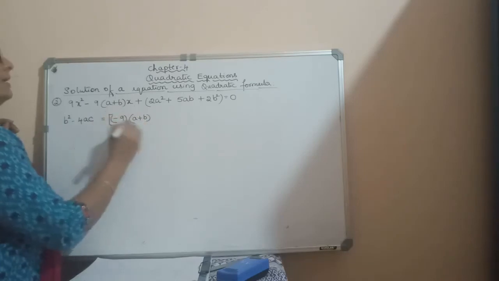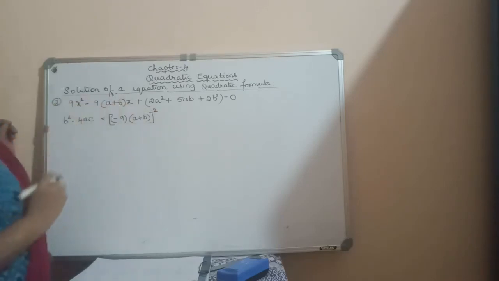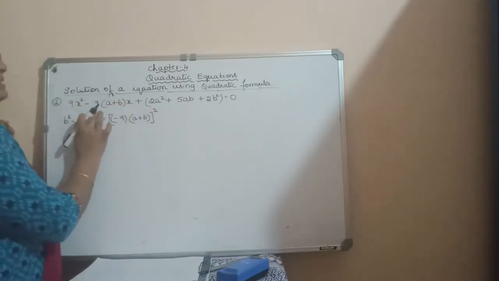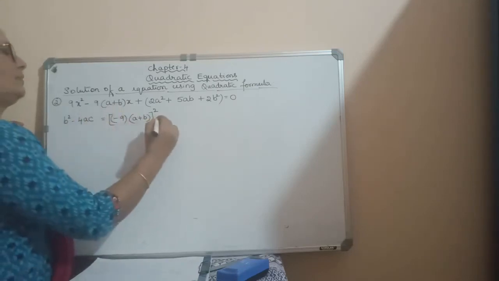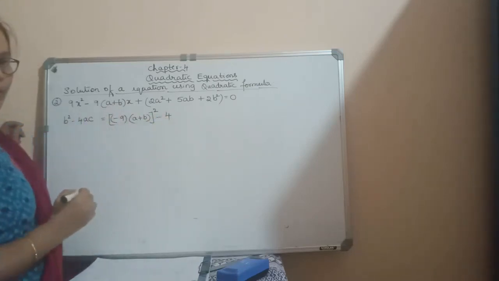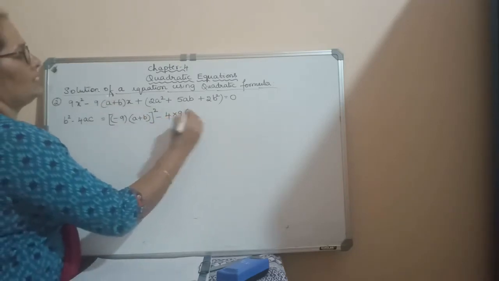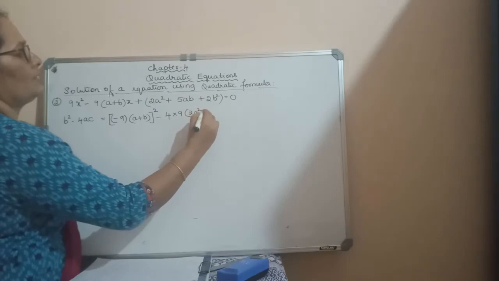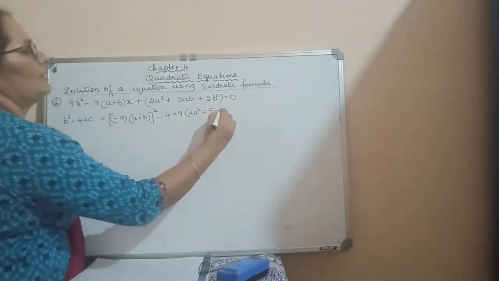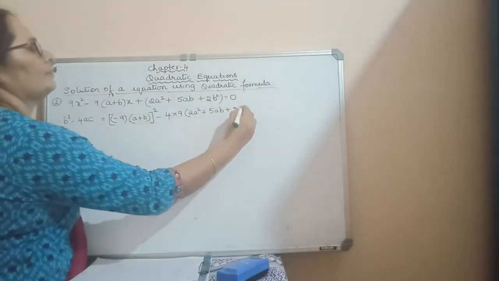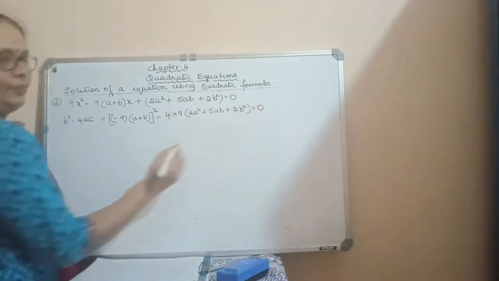So you can write b square, where b is minus 9 into a plus b. b square minus 4ac, a is 9 and c is 2a square plus 5ab plus 2b square equals 0.